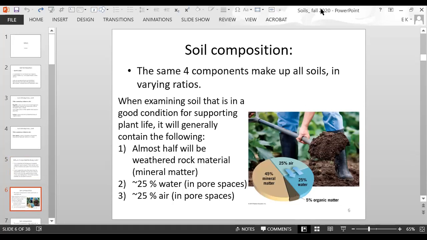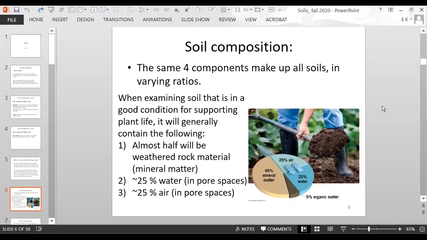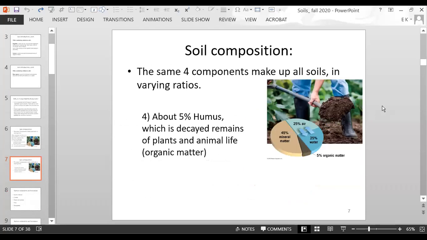About 25% will be water in the pore spaces. About 25% will be air in the pore spaces. And about 5% will be humus, which again is decayed remains of plants and animal life, or decayed organic matter.